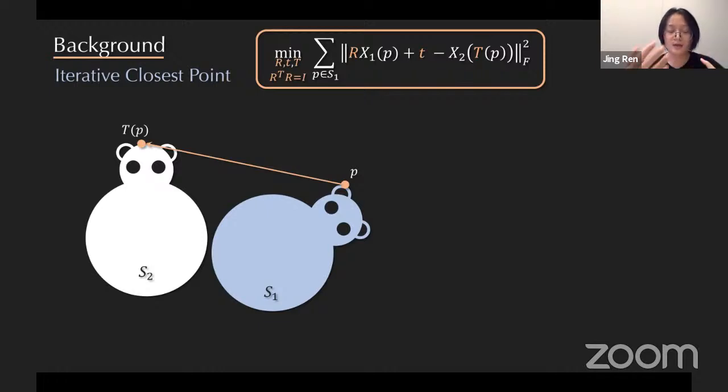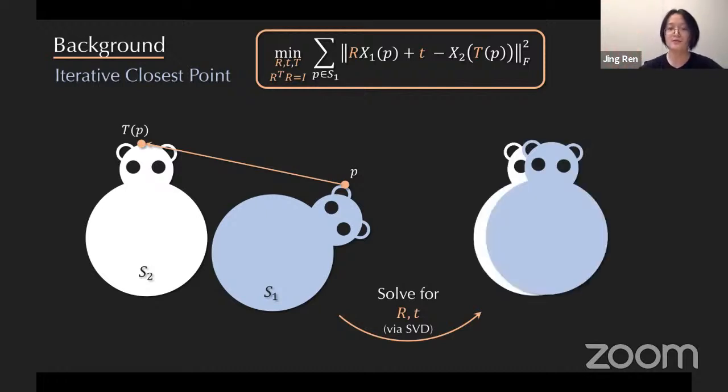The ICP scheme iteratively improves these correspondences in the following way. We first use these initial correspondences to compute a rigid transformation, which includes a rotation matrix R and a translation vector T. Once we have this rigid transformation, we apply it to the blue panda.